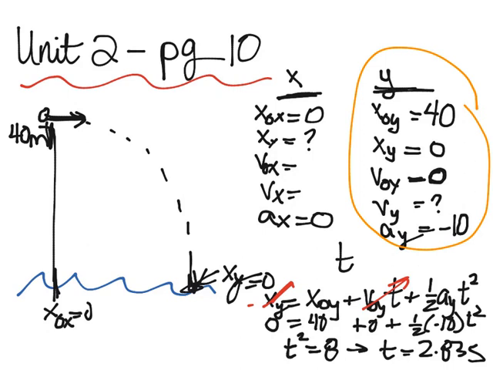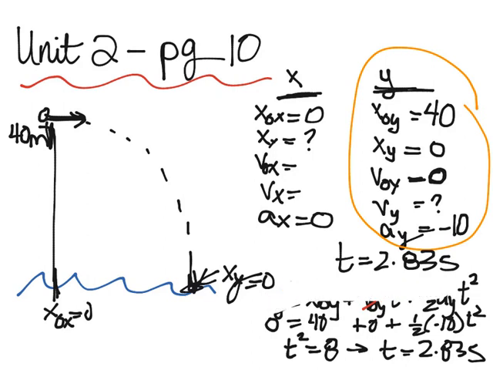Okay, and by the way, I should have said this at the beginning, but you should try this problem before you go ahead and get the answer. So we have t is equal to 2.83 seconds.